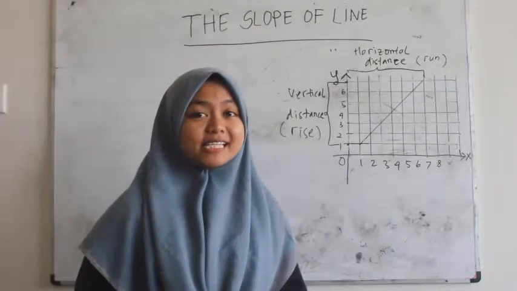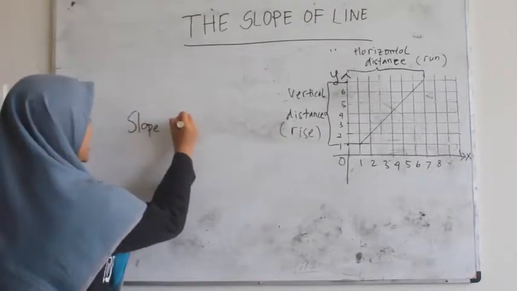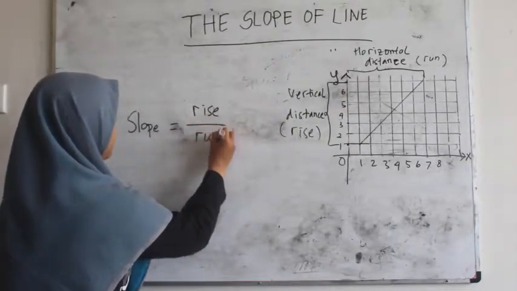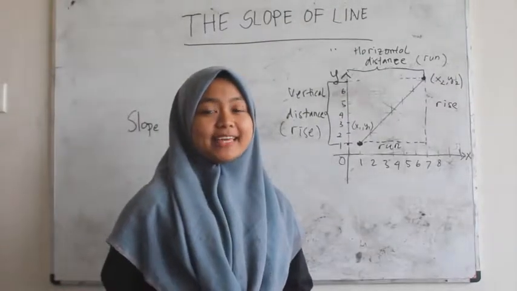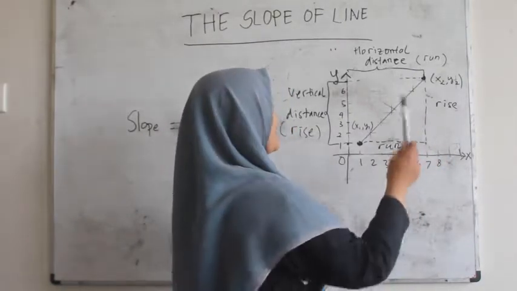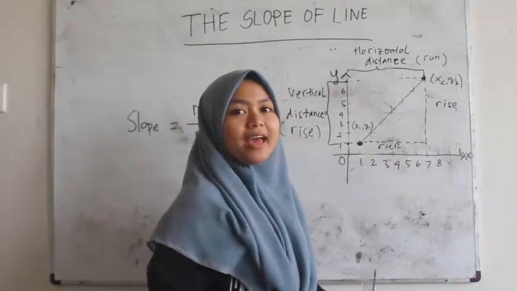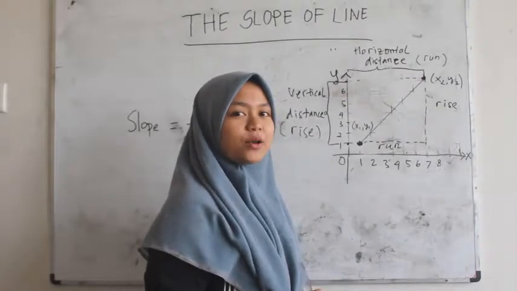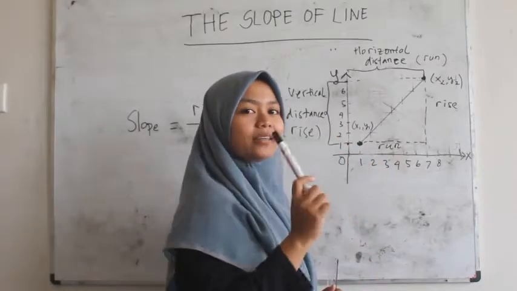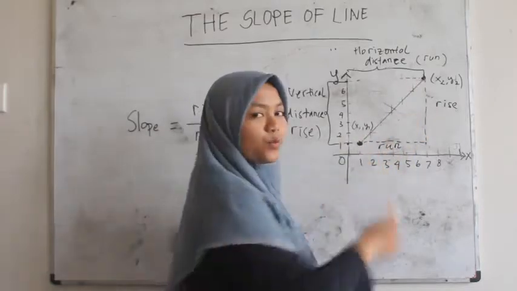So here is an easy way to remember slope. Slope is rise divided by run. The vertical distance, or the rise, is the difference between the two y values, y2 and y1, and the horizontal distance, or the run, is the difference between the two x values, x2 and x1.